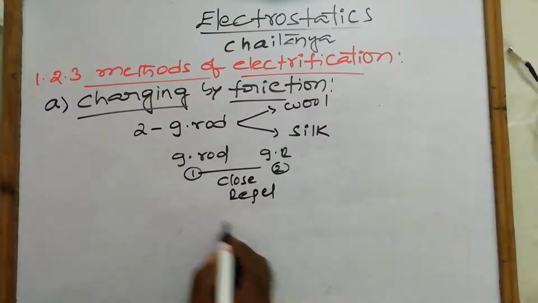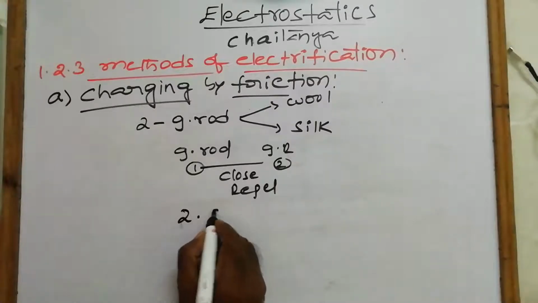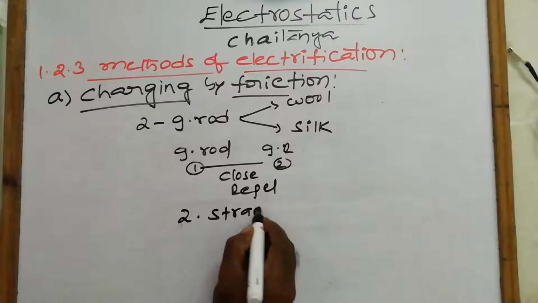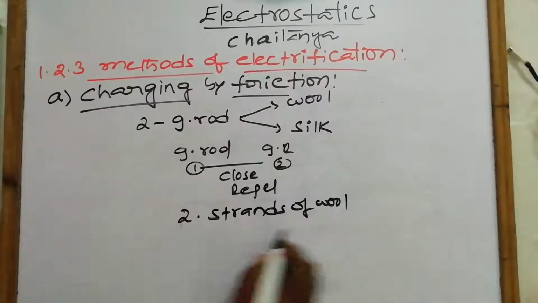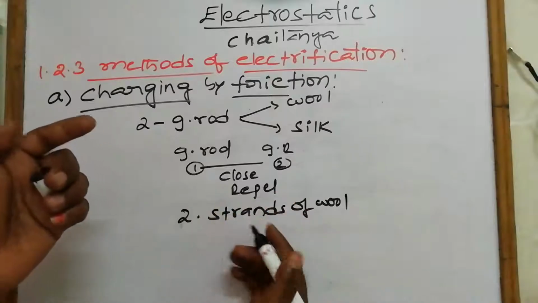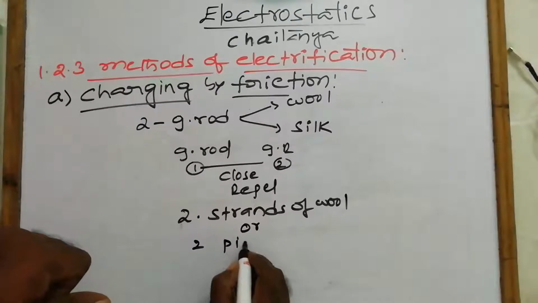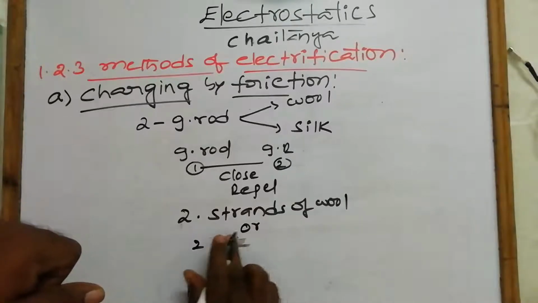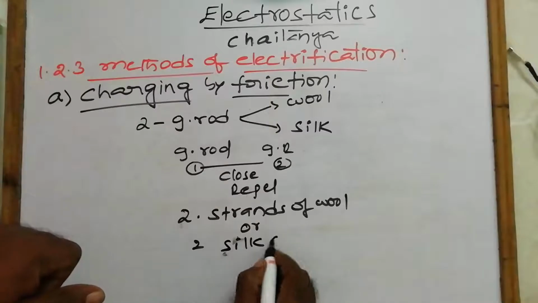Now let us consider two strands of wool, or two pieces of silk cloth.